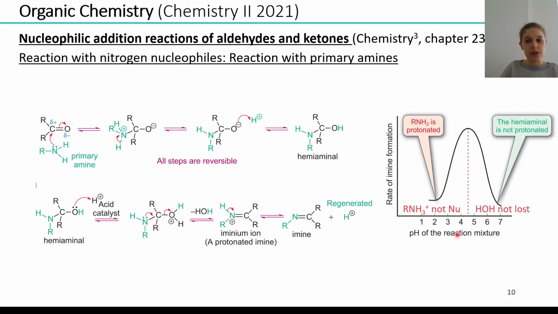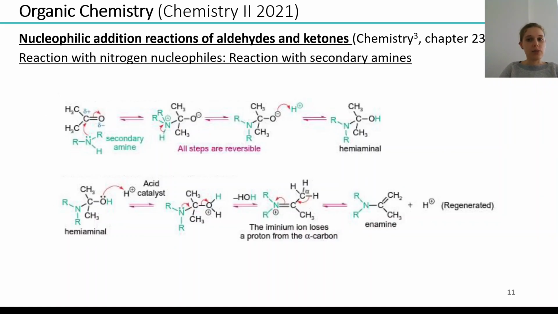Conversely, if the pH value is lower, the primary amine gets protonated, and the protonated amine cannot act as nucleophile, which decreases the formation rate of the imine. If the pH value is higher than 4.5, there is not enough acid to protonate the hemiaminal, and the formation rate of the imine decreases as well.